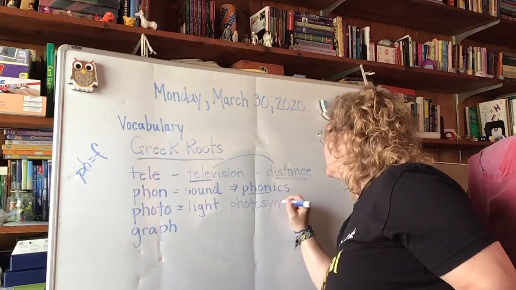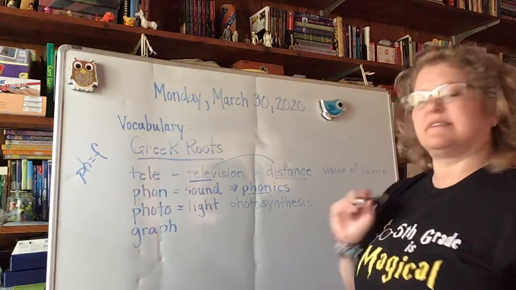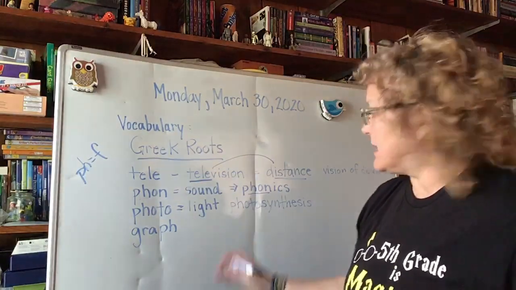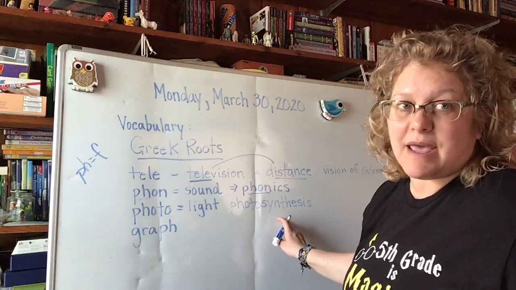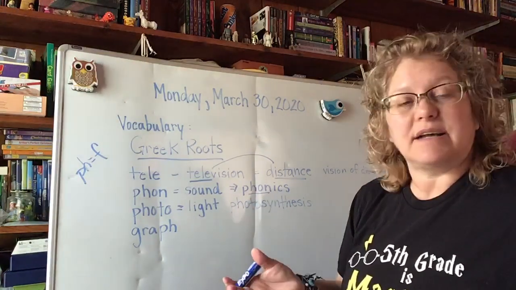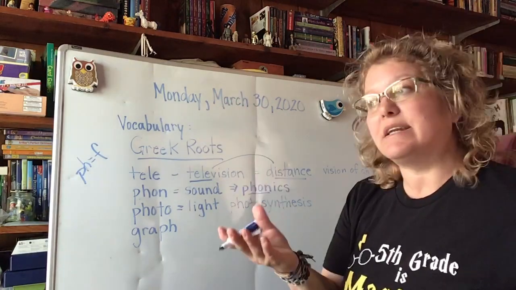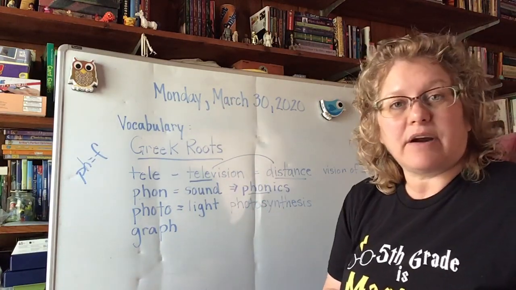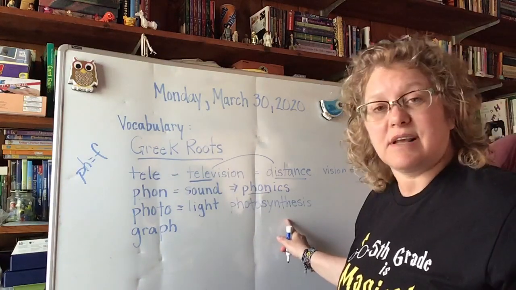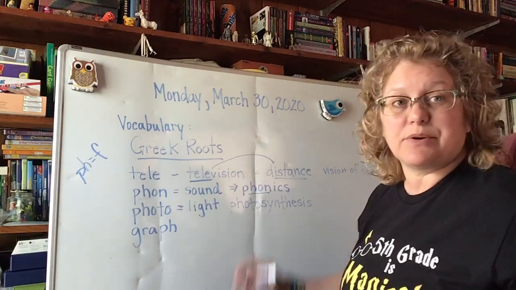Photosynthesis. If you think about that, to synthesize means to make, and we think that plants actually use photosynthesis, or they take the light into their leaves, and then they're able to make energy or food for themselves. So photosynthesis, using the light to make energy. So that's where that comes from.